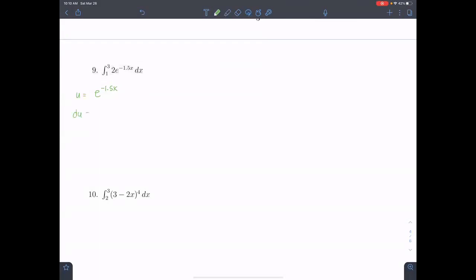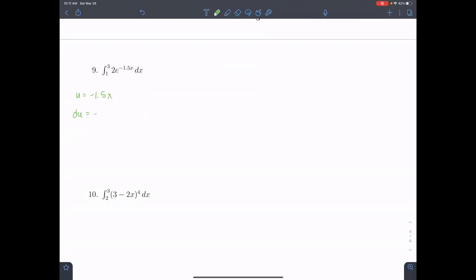So du is e to the negative 1.5x times negative 1.5 dx. Oh, sorry, that isn't the inside function. The inside function is just the exponent, negative 1.5x. That makes more sense.